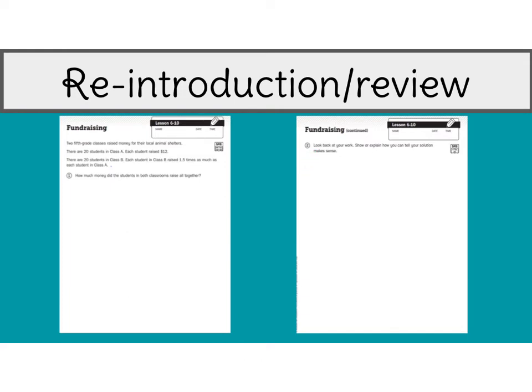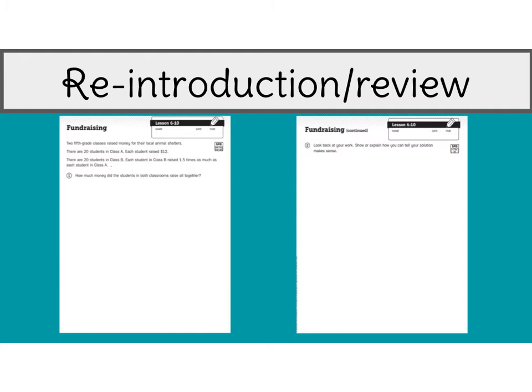If you will recall, when I introduced this problem to you, we talked about how when we explain, we're not explaining the steps that we used, but the reason that we had an answer that made sense. So kind of explaining why you did what you did and why your answer would make sense in that particular instance.